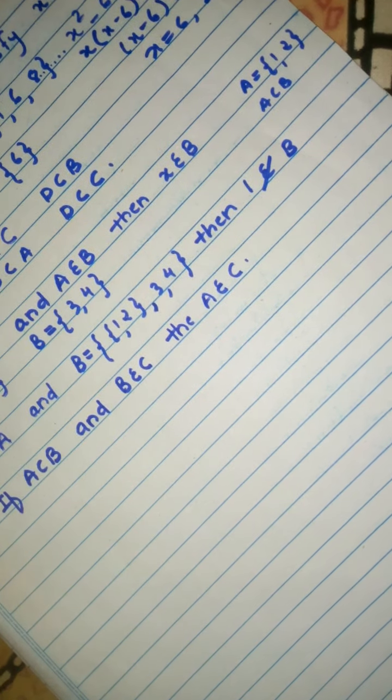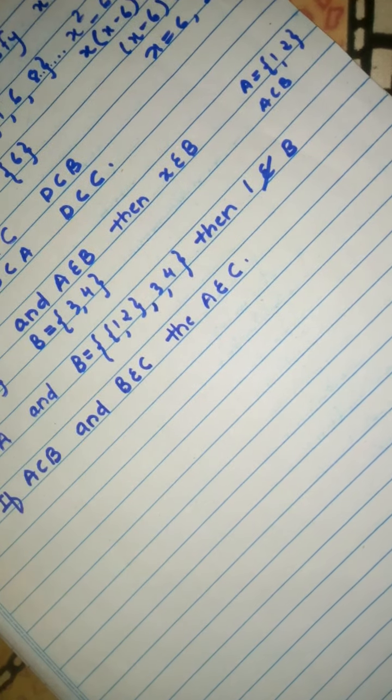And B belongs to C, so we also have to take a set C, let us take {3, 4}. Now B belongs to C, so we put the set B in C: {{1, 2}, 3, 4}.